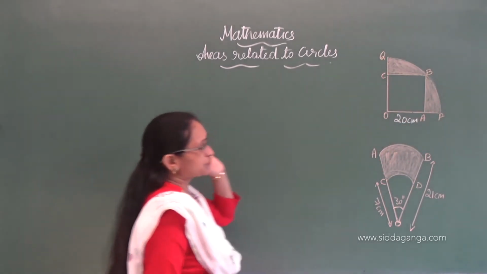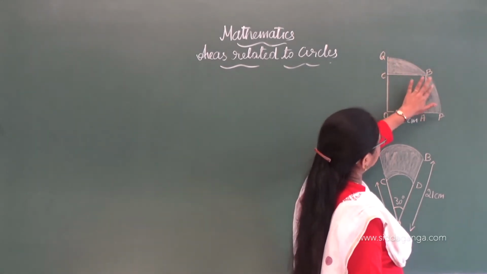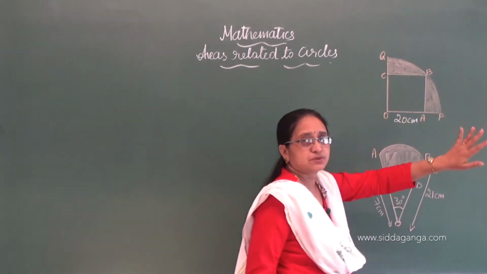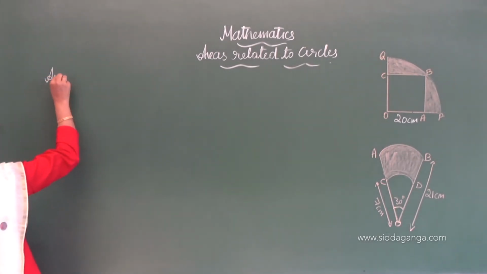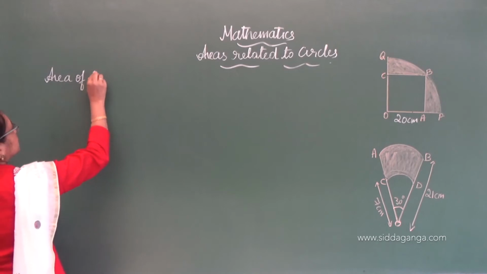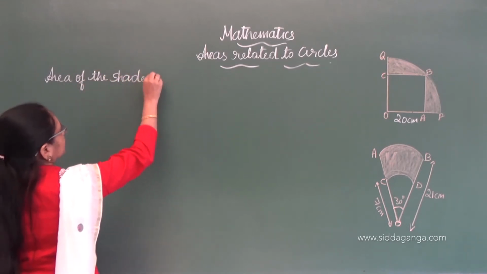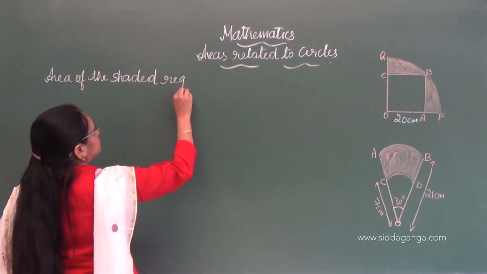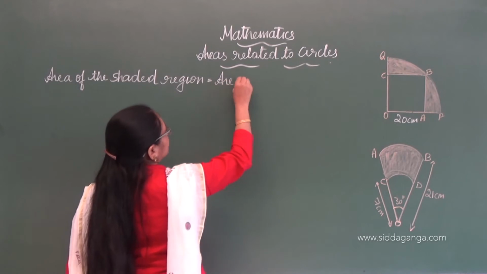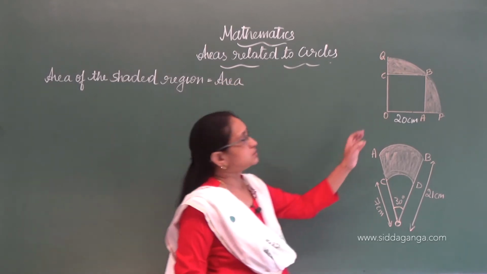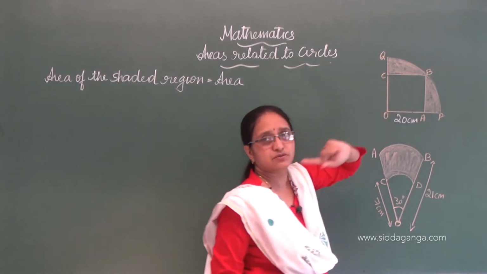Okay. So how to find out the area of the shaded region? Here you have to find out the area of the shaded region. So first let us write area of the shaded region is equal to, so you all know by now, area of the quadrant minus area of this square.